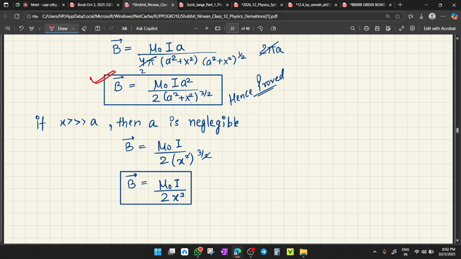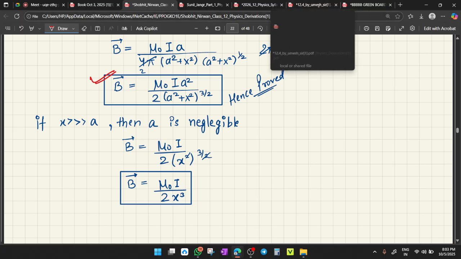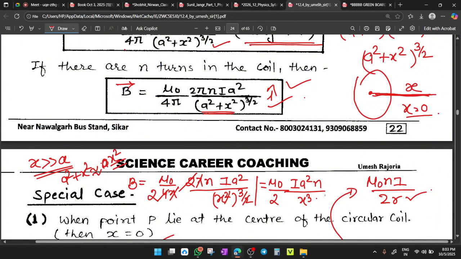Clear? Mu naught I upon 2x cube. If a is negligible, yes. So we have to neglect a also in the numerator. So if you neglect a square in the numerator, it will become mu naught I n, for n turns, upon 2x cube, having the same result. Clear?